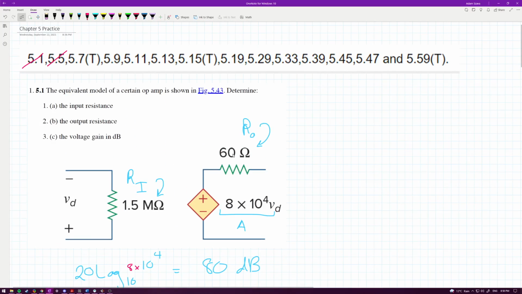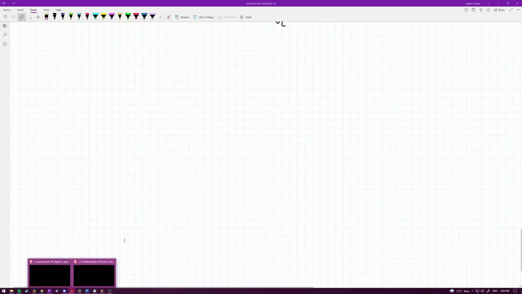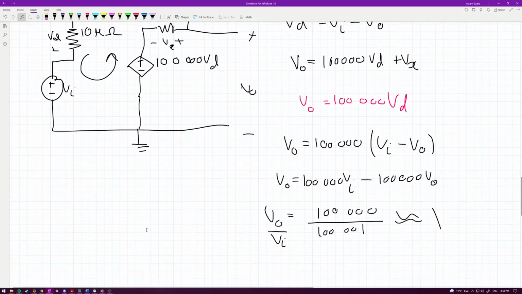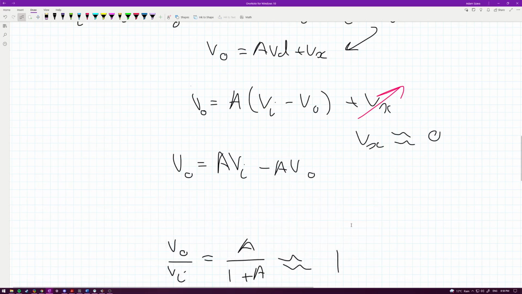Let's move on. 5.7. Of course, anybody stop me. Can you go to that last line? When you're isolating to get VO over VI, how exactly? You can move the VO over to the other side and factor it out. So VO times 1 plus A equals A VI.